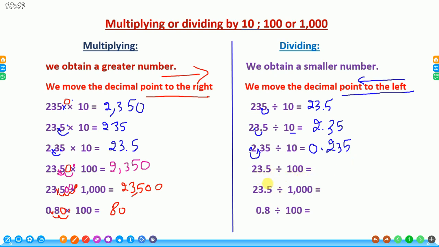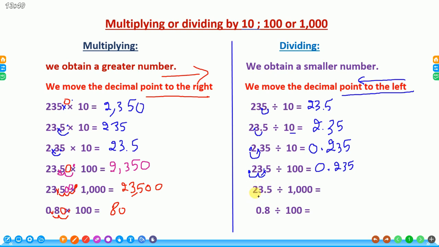23.5 divided by 100. So here, when I divide by 100, I need to move the decimal point 2 times to the left. I move one time, a second time, .235. The whole part is empty, I put a 0. 23.5 divided by 1000. Here, when I divide a decimal number by 1000, I need to move the decimal point 3 times to the left.